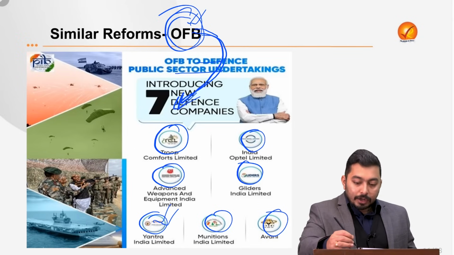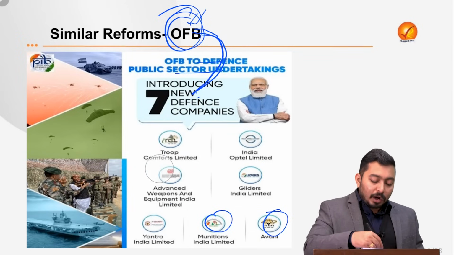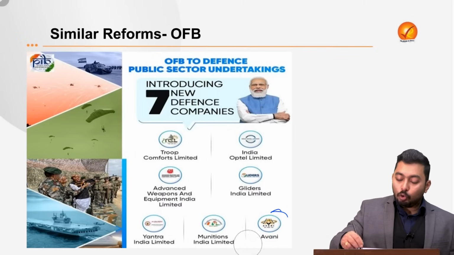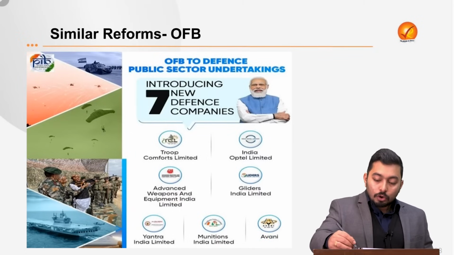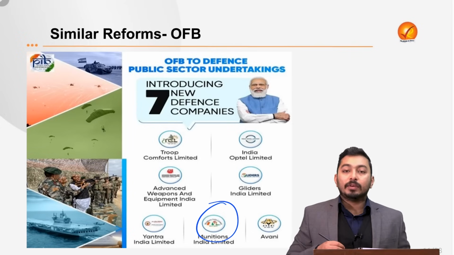For example, look at the names. One is Gliders India, one is Troop Comforts Limited. Our soldiers need boots, they need clothes, so from clothes to ammunition. Ammunition is in Munitions India Limited.